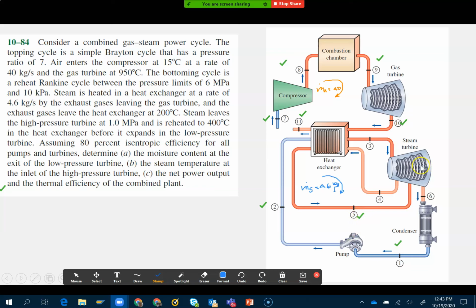And since we know the isentropic efficiency, state 6 can be obtained. Now, one thing that we need is temperature 3. From temperature 3, we can derive states 4 and 6.